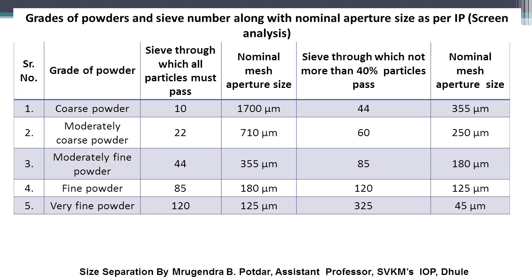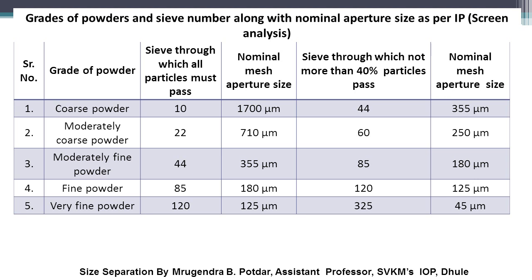Again, they are also classified as per the nominal mesh aperture size. If you observe, the nominal mesh aperture size for sieve number 10 is 1700 micrometer, while for sieve number 325 the nominal mesh aperture size is only 45 micrometer.